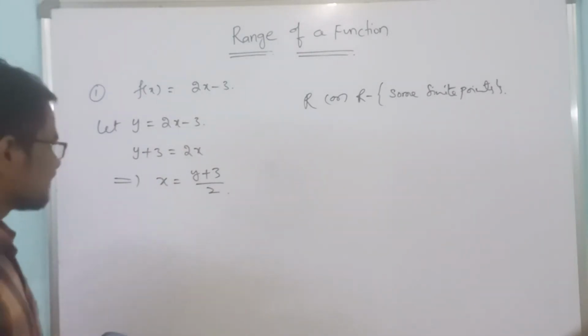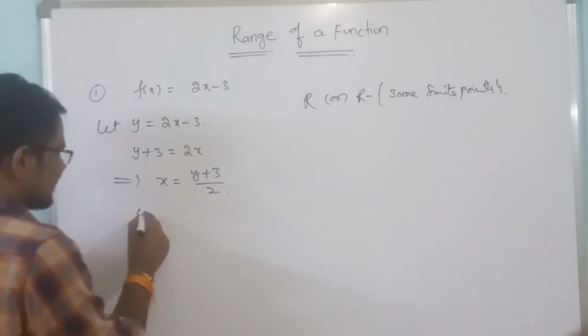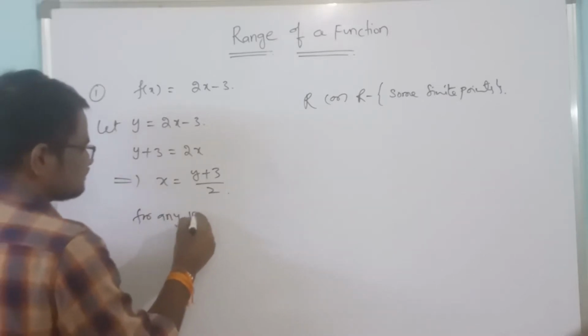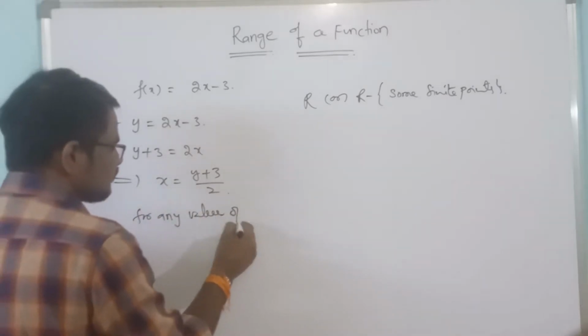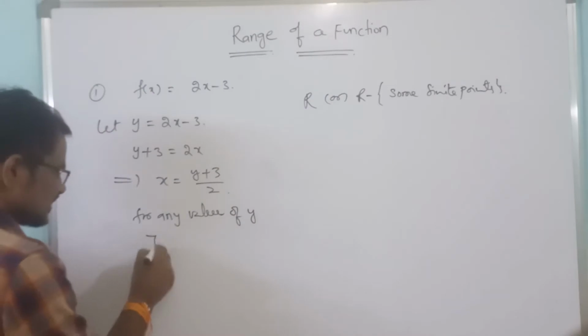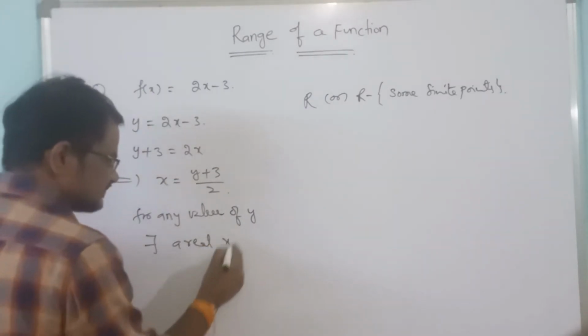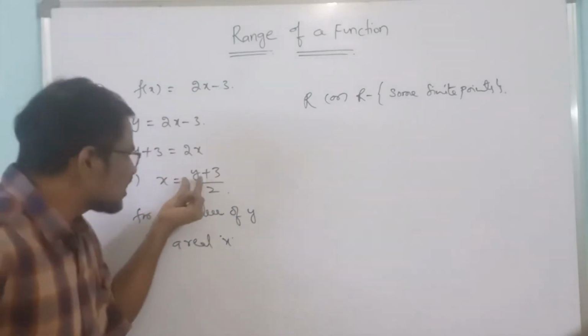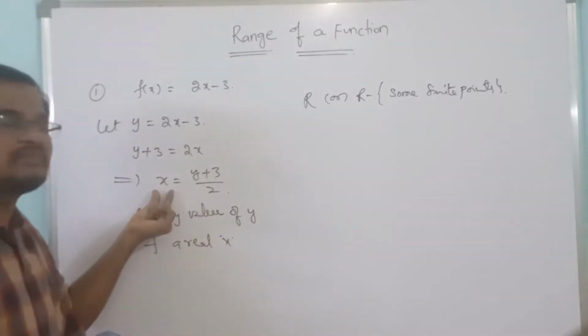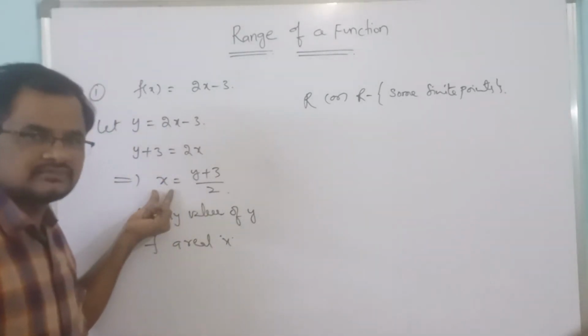So now for any value of y, there exists a real number x, right? Means for all y belonging to the real numbers, there exists x, also a real number.